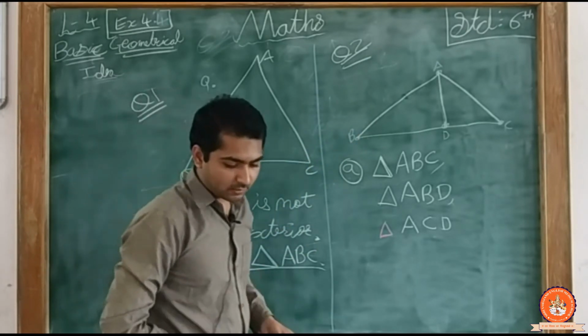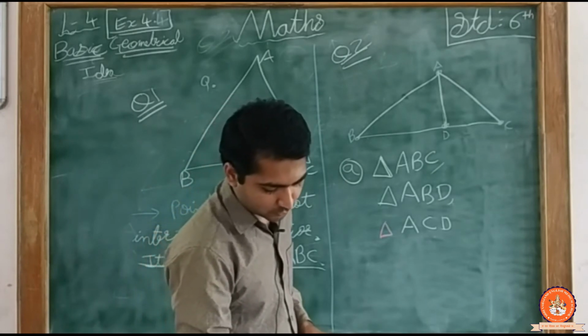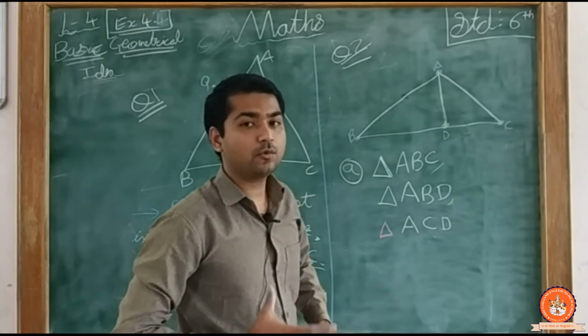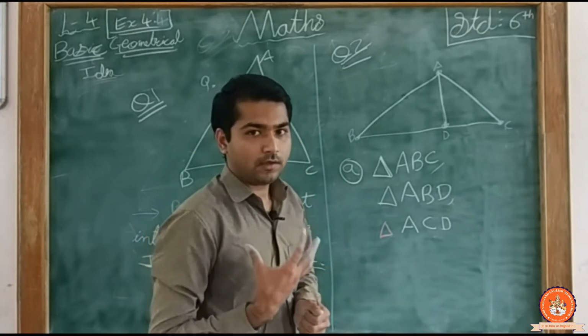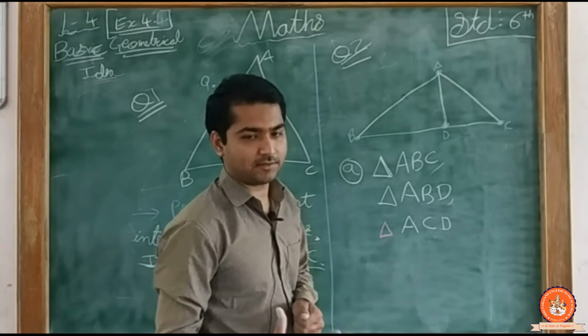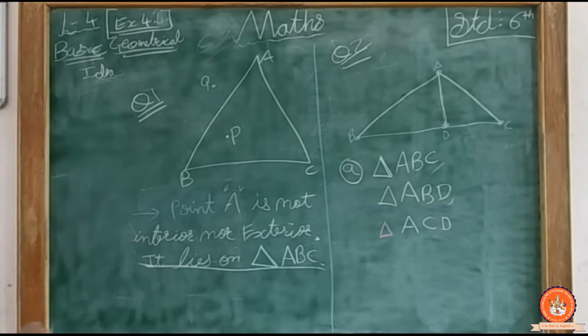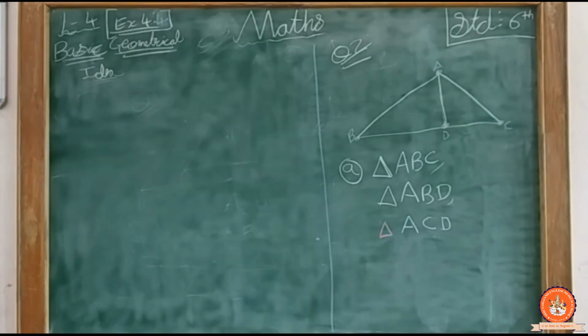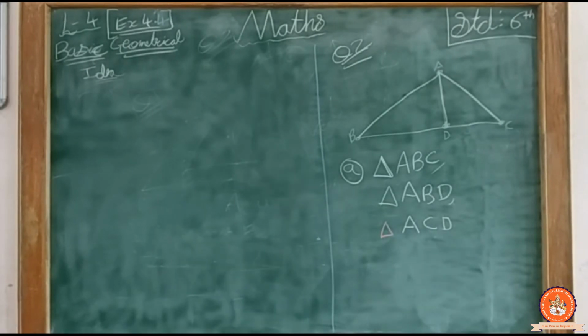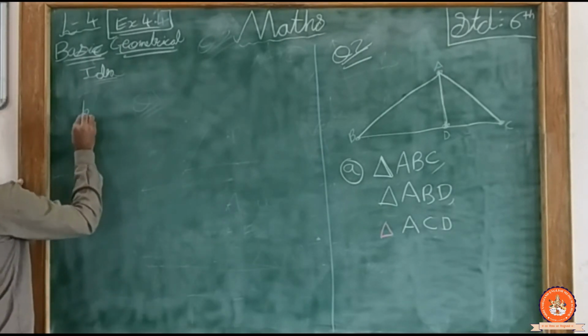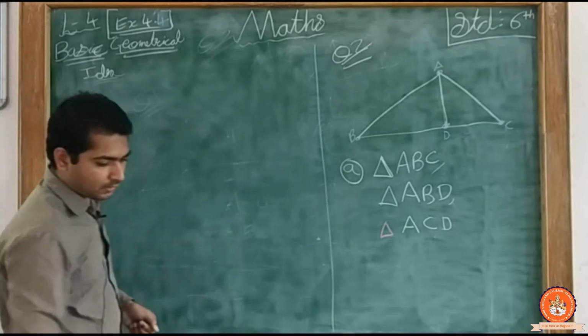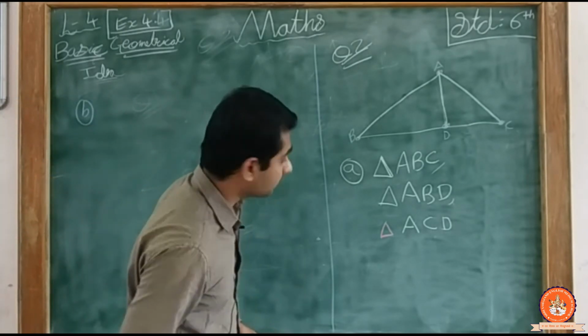Now the second question they ask: write the names of 7 angles. We have to answer which are the 7 angles. Okay, so for this I have to rub this much so I can start question B. Now question B, for question number 2, I have to answer this.